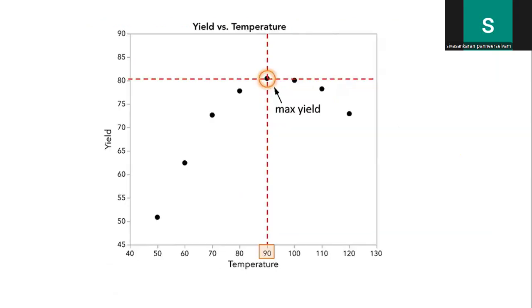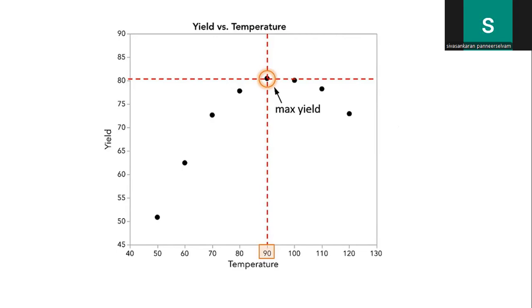So from this graph, we want to optimize the temperature by finding out what is the maximum yield percentage from the heat treatment temperature level. Same example, metallurgy, heat treatment furnace operations we can take.